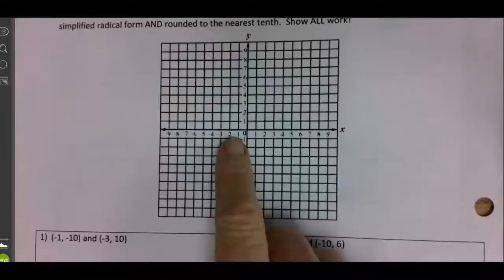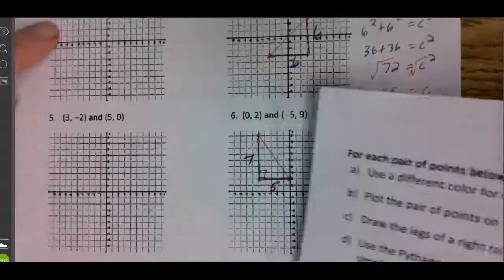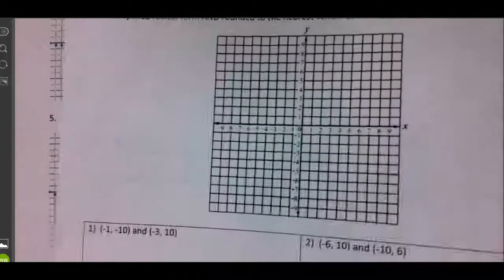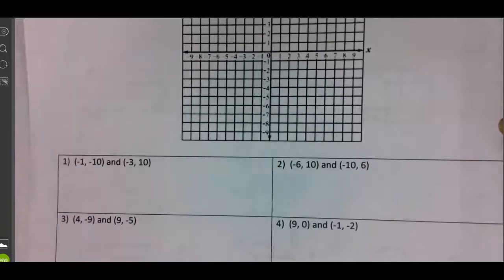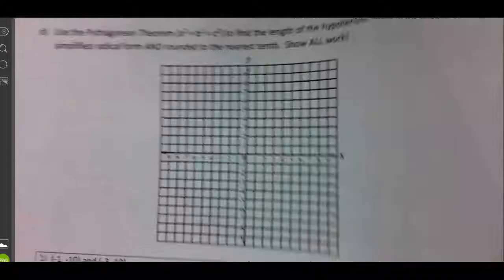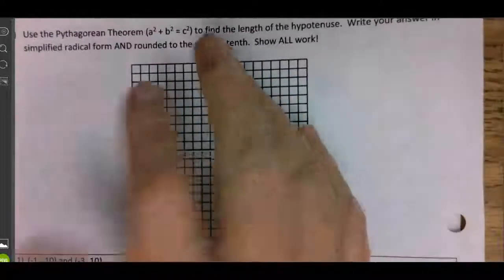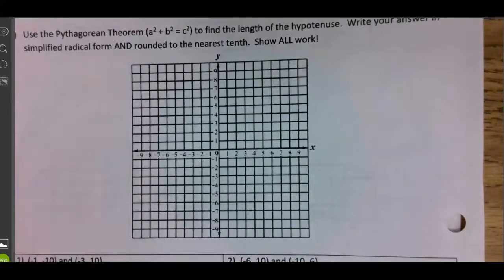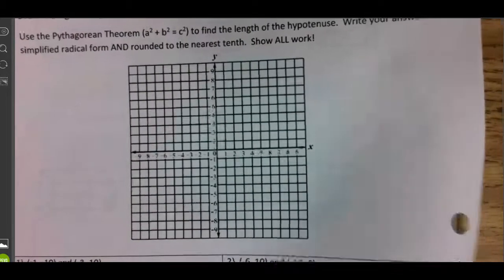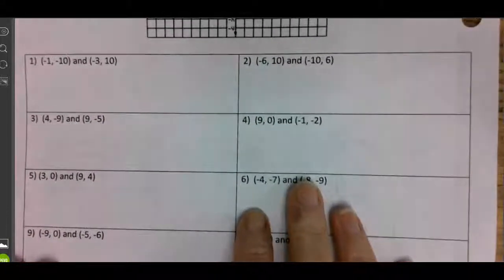And on the back, what I'm going to have you do is one problem on this grid, and then use your notes grids for the others. Hold on. I just looked at the answer key for this, and it looks like all of these can fit in this grid. So I'm not going to make you do all of them. I think you can do it in probably 3 or 4. So pick 3 or 4 off of here that you are going to do.